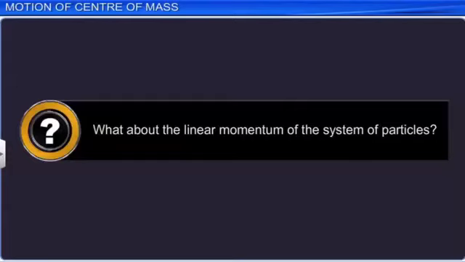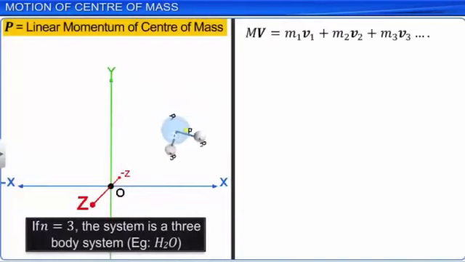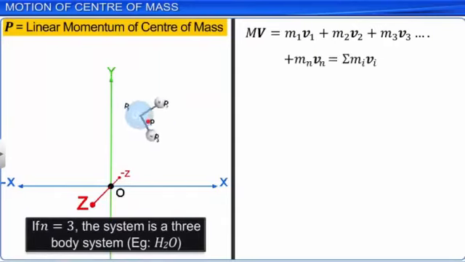What about the linear momentum of the system of particles? We know that Mv is equal to m1 v1 plus m2 v2 plus m3 v3 and so on plus mn vn, which is equal to sigma mi vi, as pi is equal to mi vi.